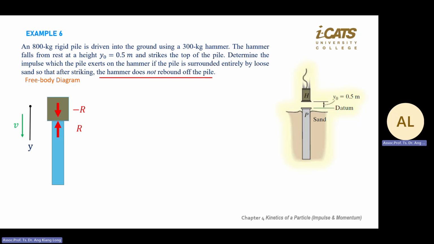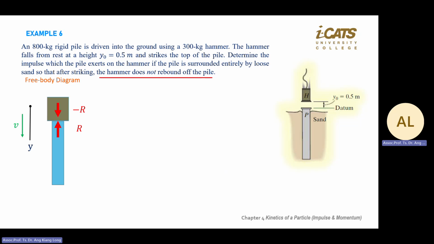Because here you see the datum, it does not give you the positive or negative direction. It just tells you the height. Not like the pulley system. So this one gives you the height, but you know that the hammer is above the datum. So for the free body diagram, always follow the motion, the positive direction.